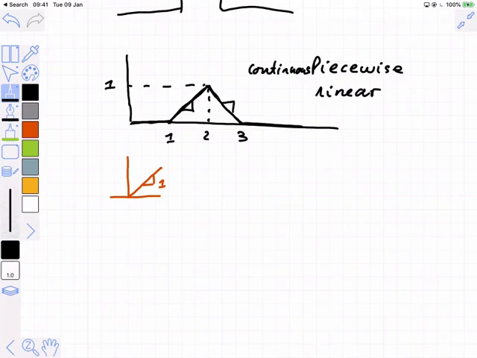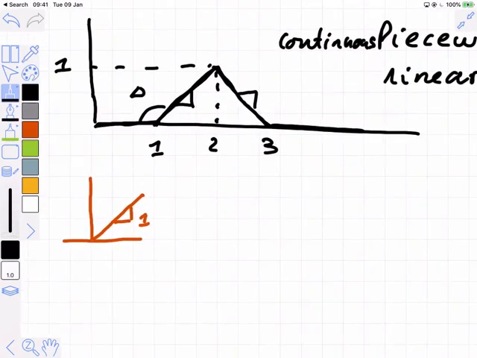Now, very importantly, we're going to do the same trick, but our changes are going to be changes in slope.